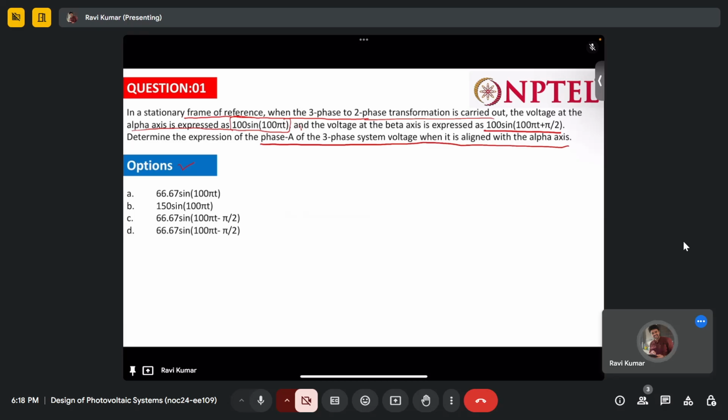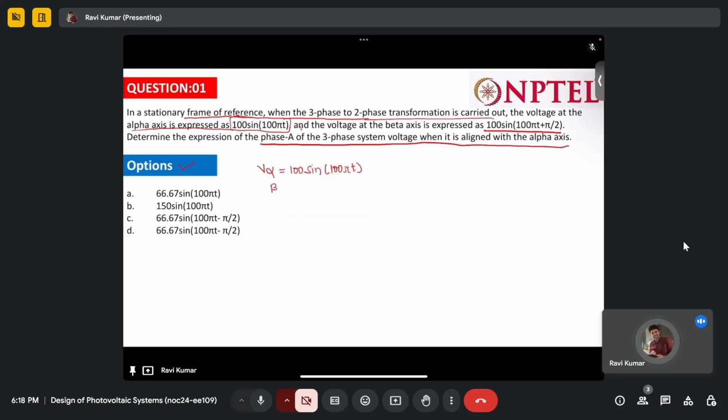These are the options. First of all, we need to find out what is already given here. We have been given V alpha as 100 sine 100 pi t. Then we have been given the beta.